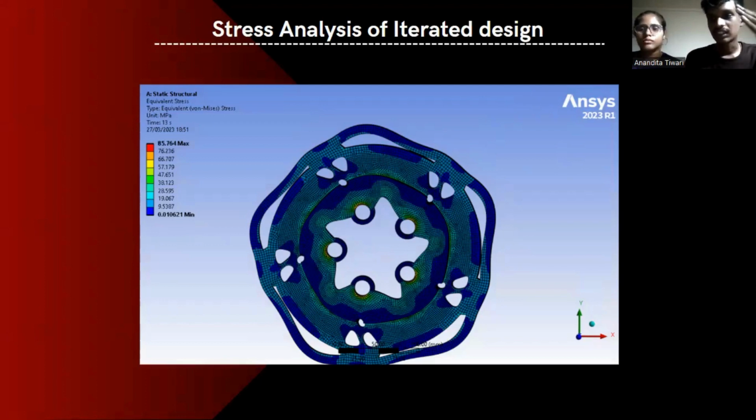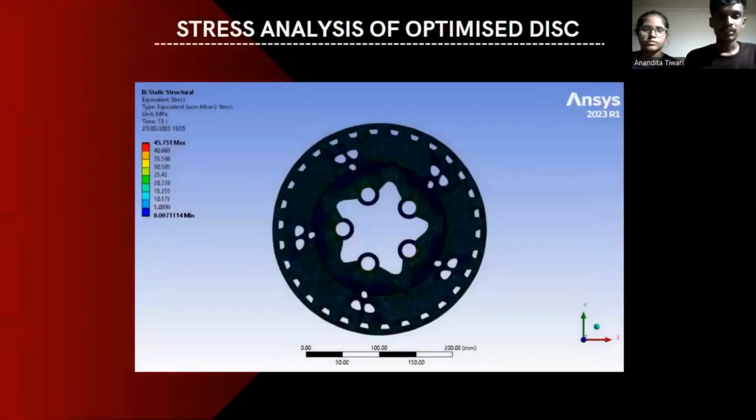So we rejected this design here itself, and we went ahead with this design, where the induced maximum stress is just 45 MPa, which is way lesser than what we got in our baseline design.